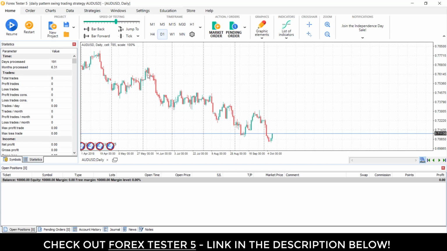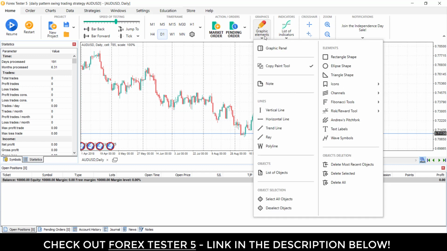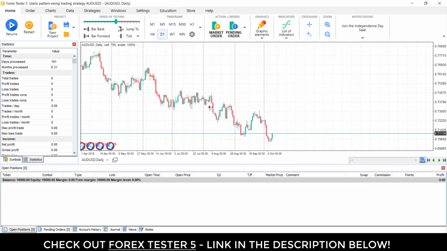So first things first, Forex Tester 5 has so many different tools for technical analysis. So I'm going to head over to the right hand side here to graphics, and let's just get a trend line. And I'm just going to simply mark some of the swing high and swing low points here.